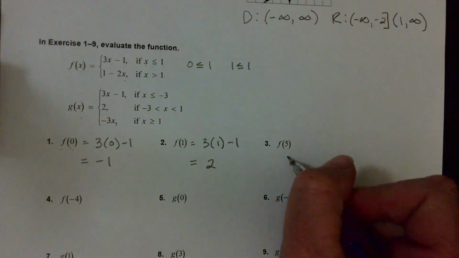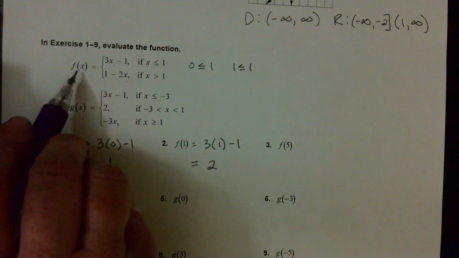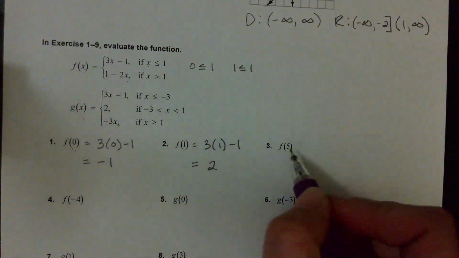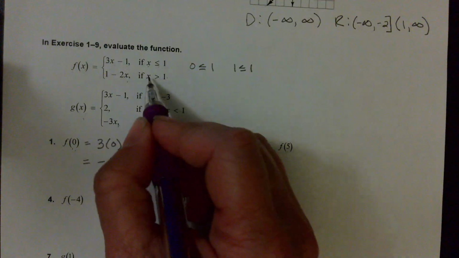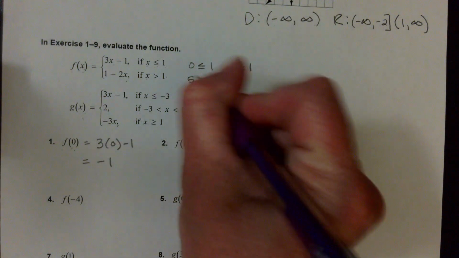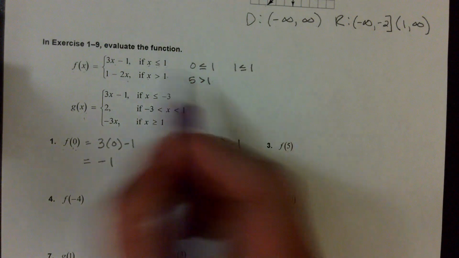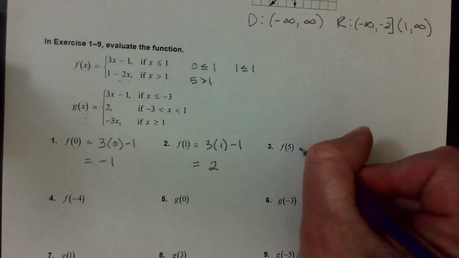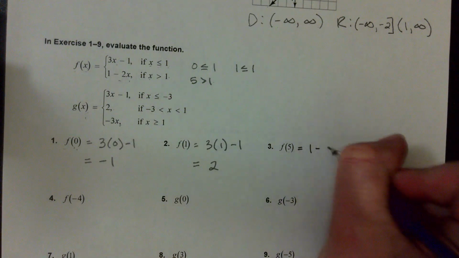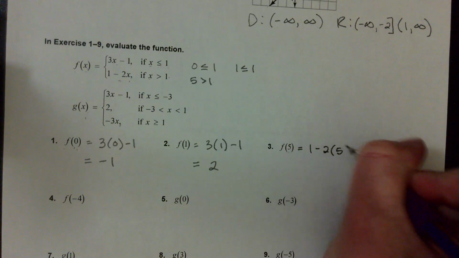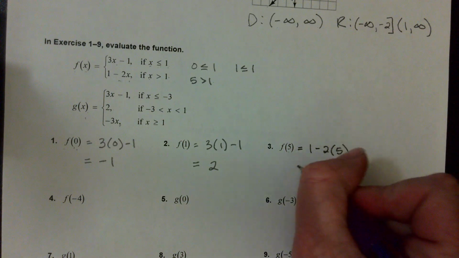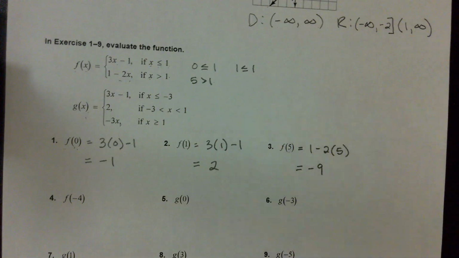For our third one, again, we're still looking at our function f. We're looking at the input 5. Since 5 is greater than 1, we're going to look at our second branch. So this is going to become 1 minus 2 times 5, so 1 minus 10 is negative 9.